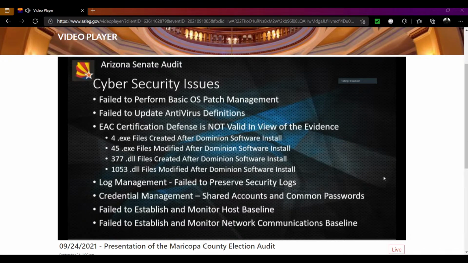What we found is that there are 4 executable files that were created after this date of Dominion install. There were 45 executable files that were modified after this date of install. There were 377 dynamic link library files which were created after the Dominion software install.